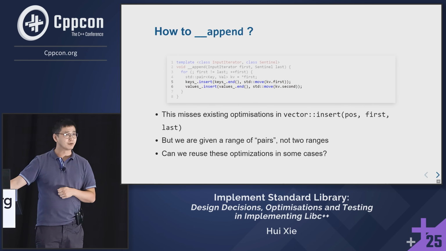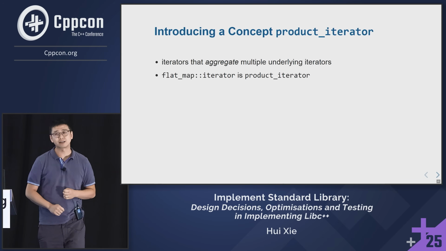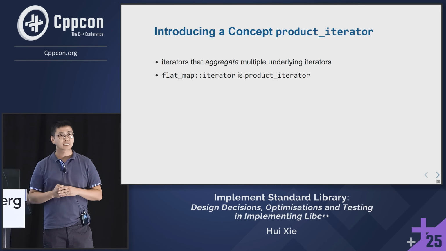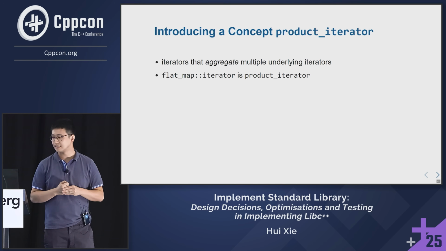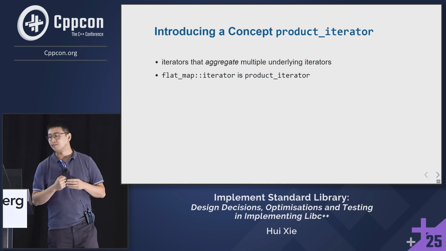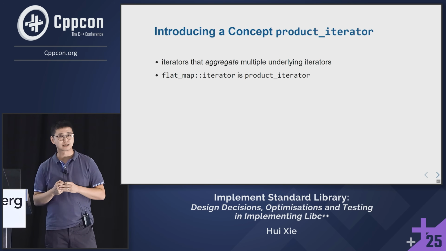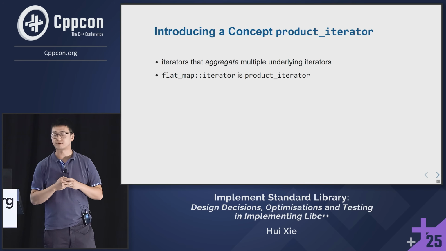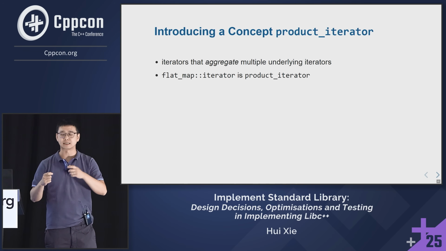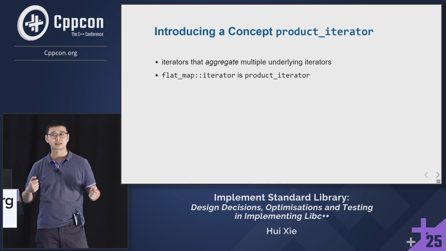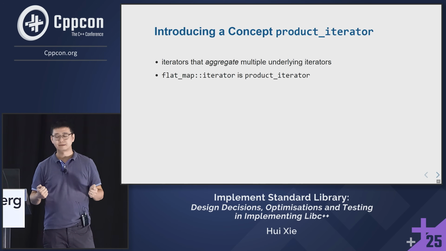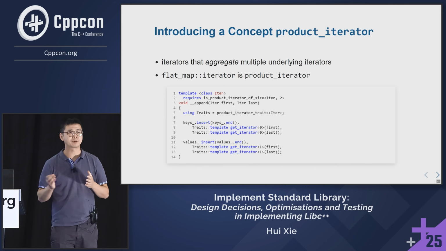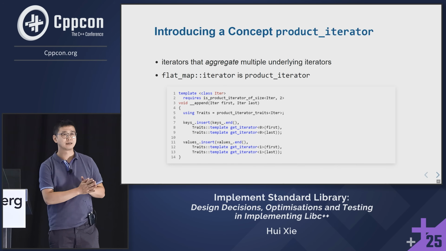And to solve this problem, we introduced another concept called product iterator. Product iterators are iterators that aggregate multiple underlying iterators. And flat map iterator is naturally a product iterator because it aggregates the key vector's iterator and the value vector's iterator, right? And because we have this concept, we can write an optimization based on it.